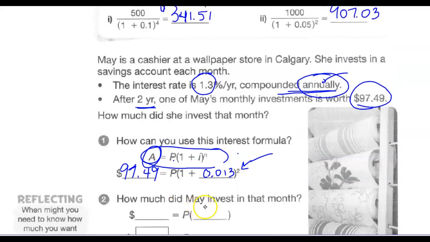So how much did May invest in that month? So we need to figure out the value of all of this. And obviously, the final amount, we just copy that out.